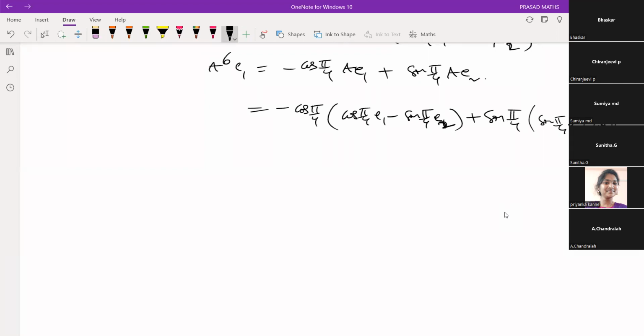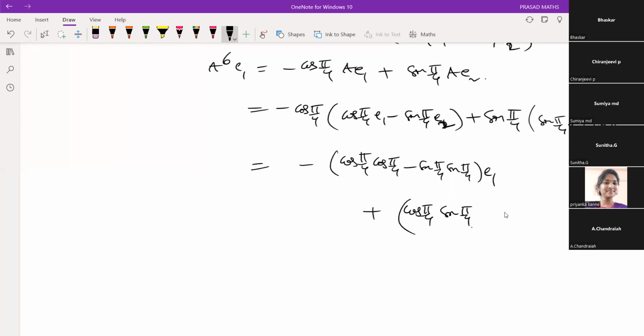Now tell me, so therefore what you're going to get: minus cos pi by 4 minus sin pi by 4 e^iθ, next plus cos pi by 4 sin pi by 4 plus sin pi by 4 cos pi by 4 of e^2.